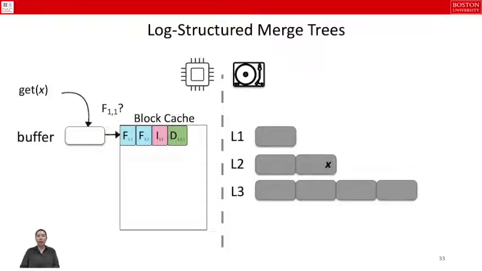When a new query comes, I/Os to fetch indexes or filters can be saved because the block cache already caches useful blocks. The lookup starts from the first filter of the first level. Since it is in the cache already, we can search it with no extra I/O. Due to the negative result, the lookup proceeds to the second level. Again, the filter block is in the cache, so we can search it without any extra I/Os.